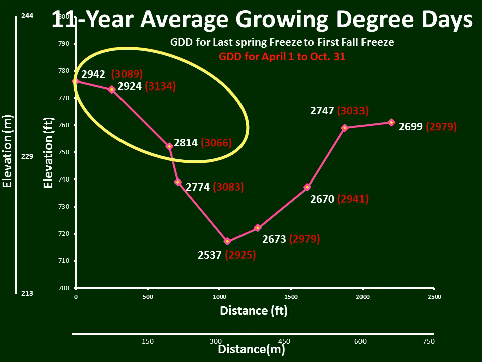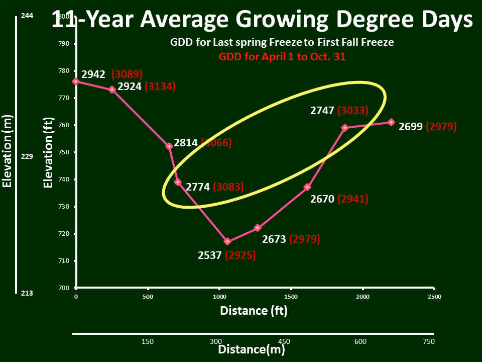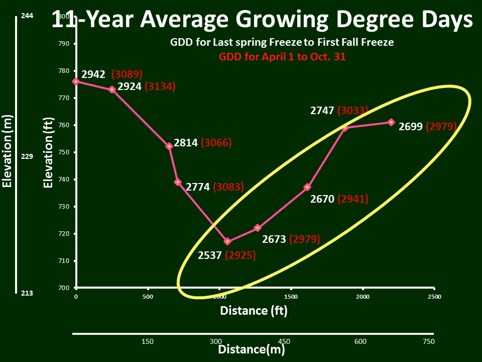And here we have 2,800 plus growing degree days still from freeze to freeze on the more intermediate quality sites. That growing degree day accumulation starts to slip as we get to the more inferior sites.